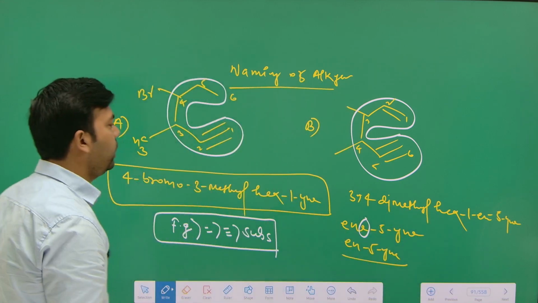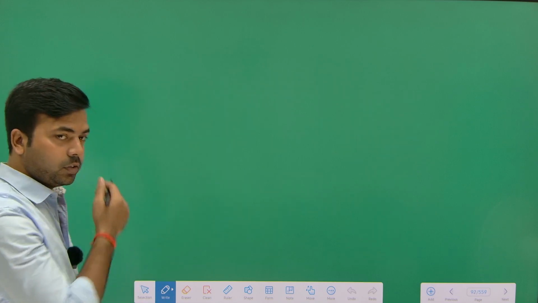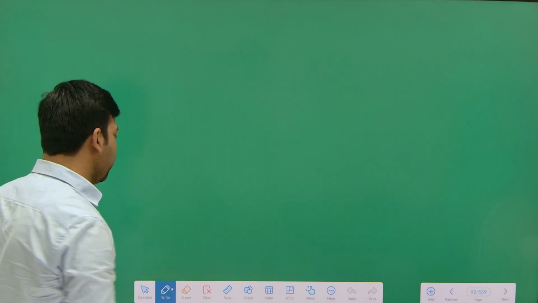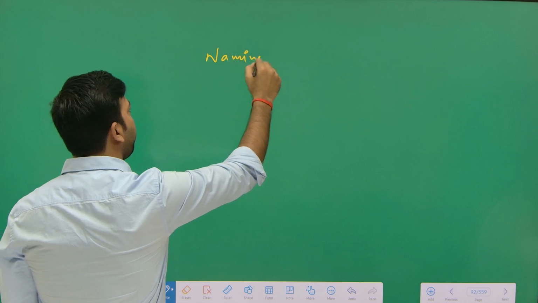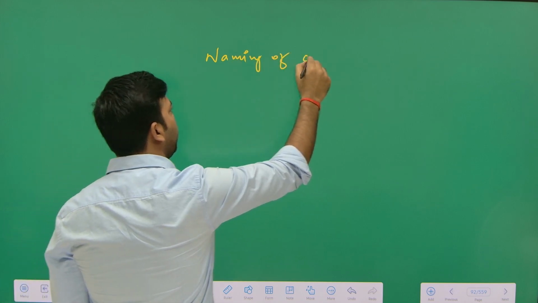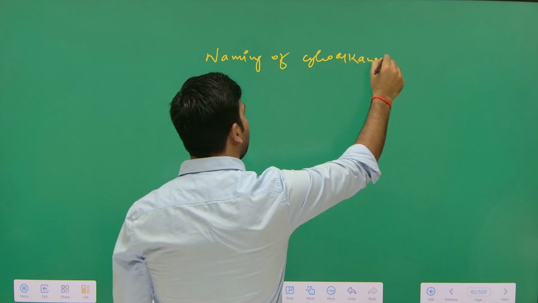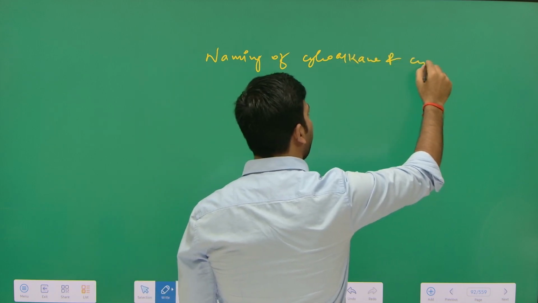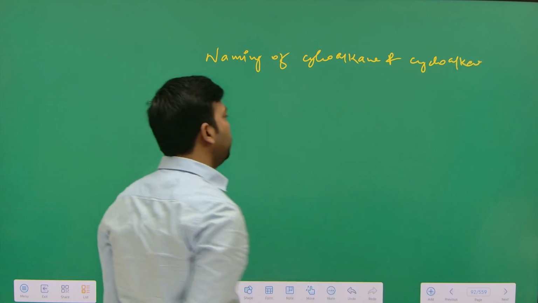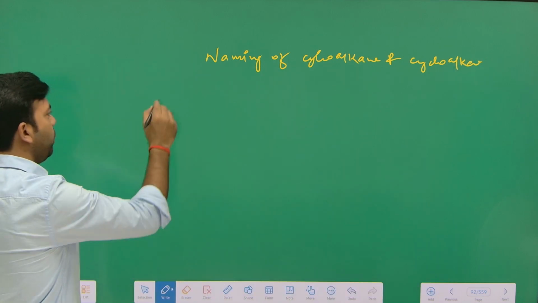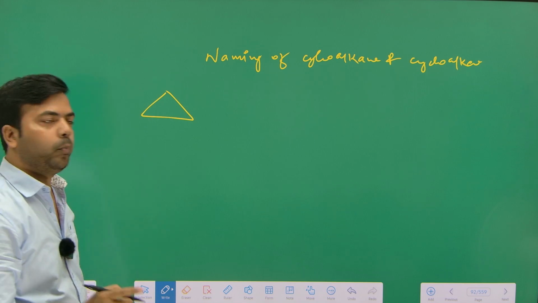So this is alkyne. The next is naming of cyclic compounds, cycloalkane and cycloalkene. Look here, we all know if you have a 3 carbon ring like this, then this is called cyclopropane.